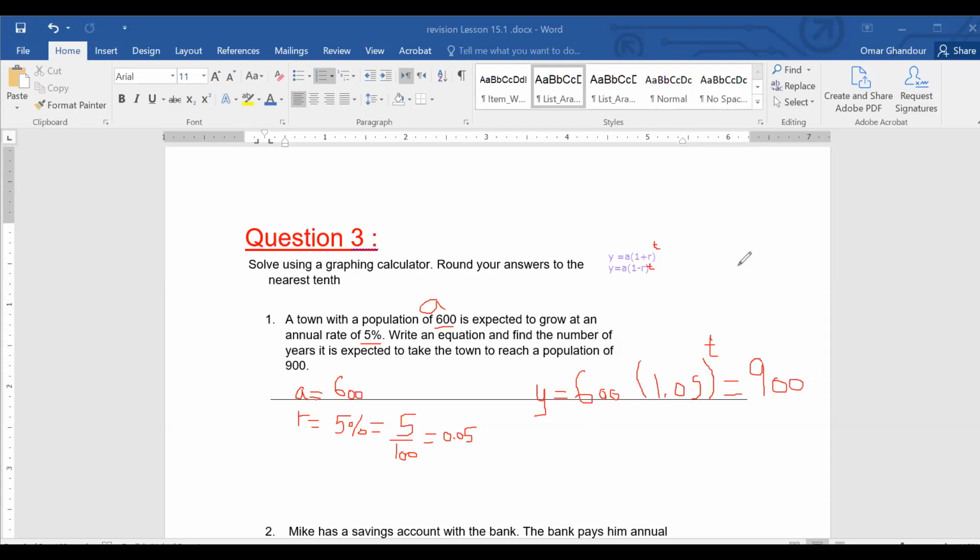In other words, if this is my y1, my first equation, the second equation will be 900.